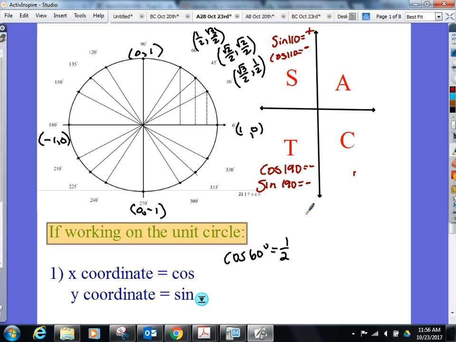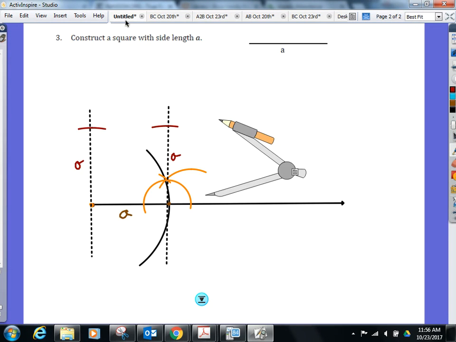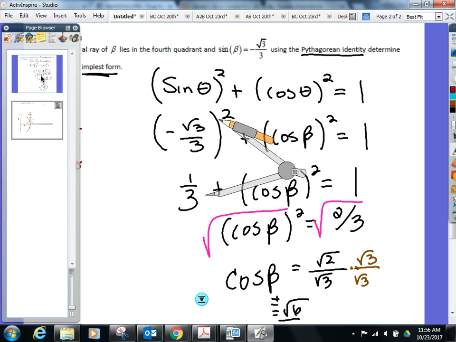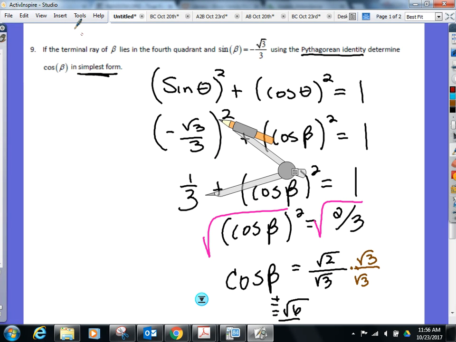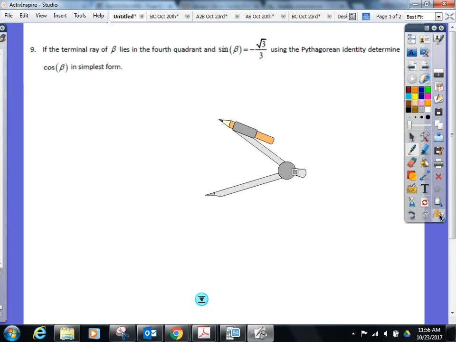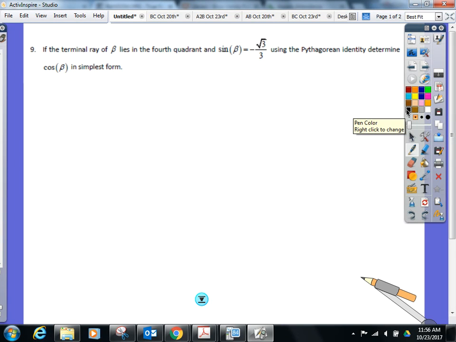Yep, go ahead, Reagan. Is it this one right here? Okay. Have your calculators out, pencils ready if you didn't try it. Pens, pencils out, calculator if you got one. I know it's math class, I don't know why we would bring one, but.